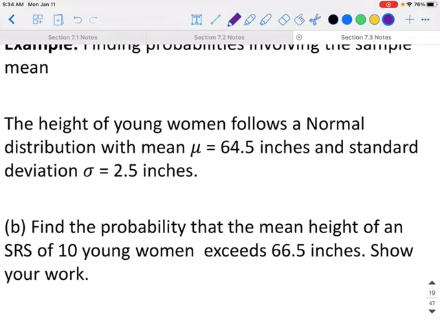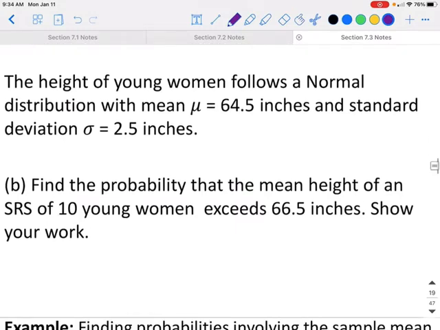Remember, the mean of all of your sample means, or the mean of your x bars, is just equal to the mean for the entire population. So our mean, or our mu sub x bar, is still going to be 64.5 inches.